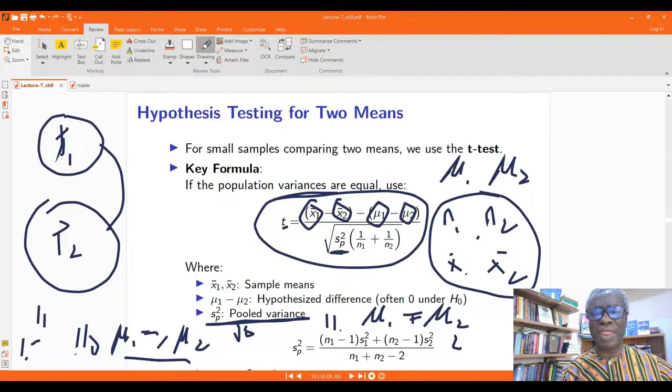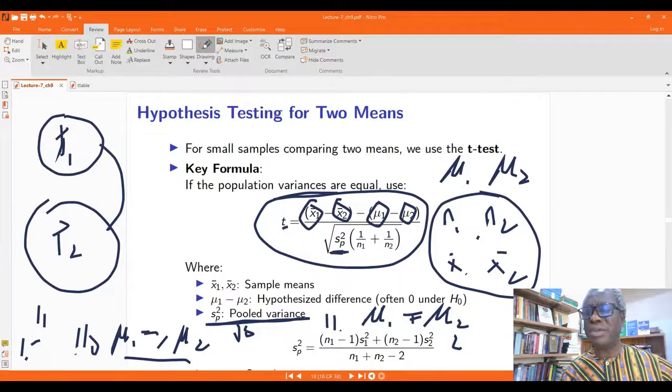this formula. So to get the pooled variance, you will first of all calculate the sample variance from population 1, the sample variance from population 2, and then substitute in this expression.